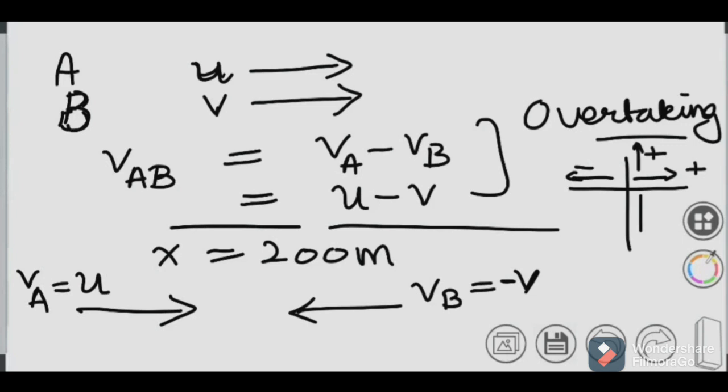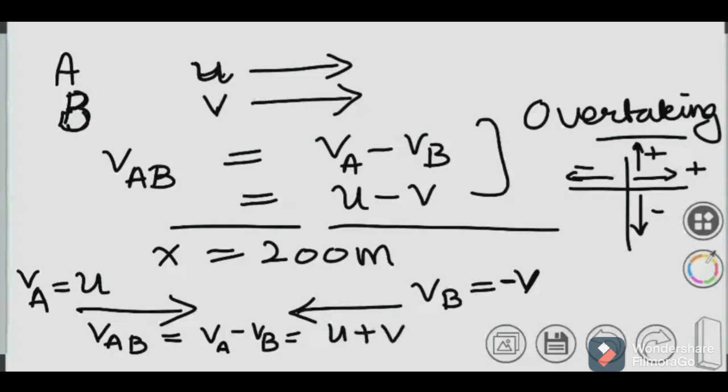Now in this case, what will be the relative velocity? The relative velocity still will be VA minus VB, but because VB is negative here, it becomes u plus v.